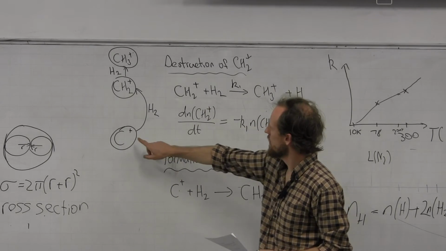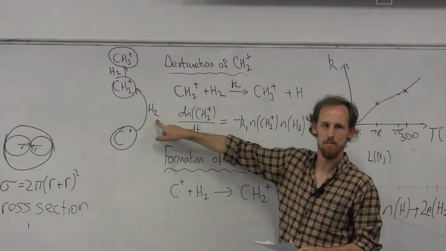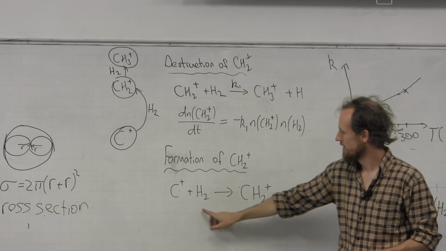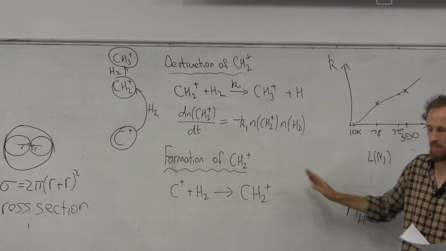So we start with a C+, we form a CH2+. There's an H2 as the other reactant, indicated by that. And this time, everything is accounted for. There's no extra product. So that's fine.